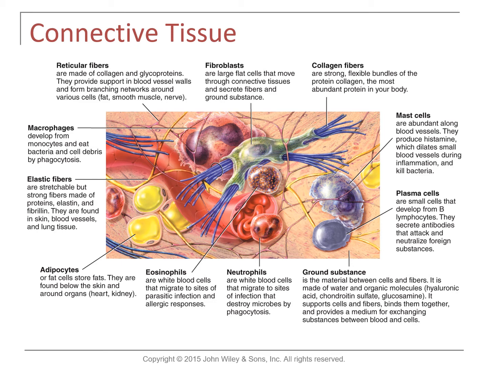Good description there of ground substance. We will talk more about the functions of all the white blood cells, mast cells, plasma cells, neutrophils, eosinophils, and macrophages when we get to the lymphatics and immune system chapter. But please go through and just summarize what you can from this slide.